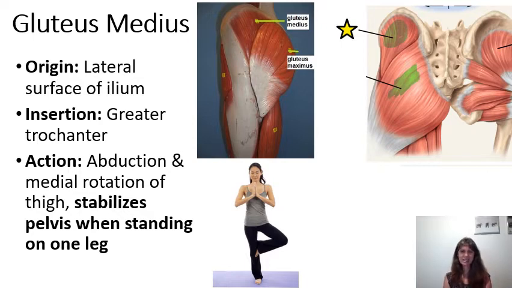Its action is abduction and medial rotation of the thigh at the hip, because remember, all motion takes place at joints. It can help stabilize the pelvis when standing on one leg and is essential for runners as they extend their legs and are basically swinging through one leg at a time during a running gait.